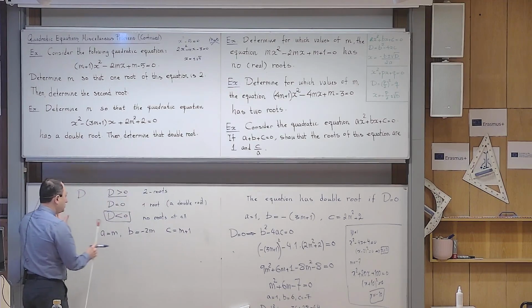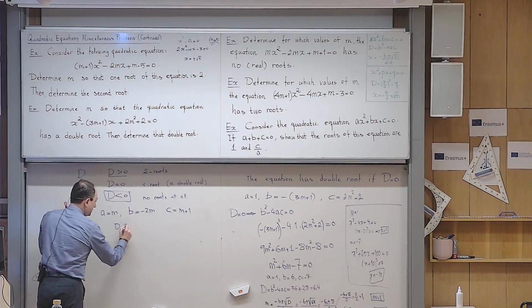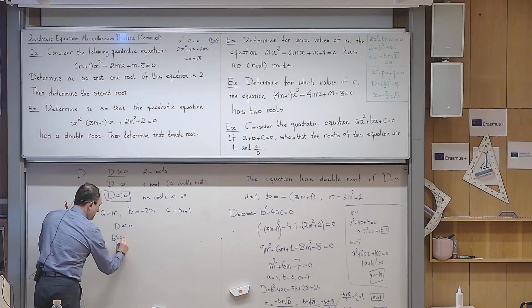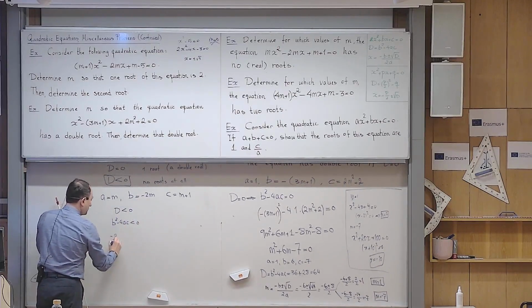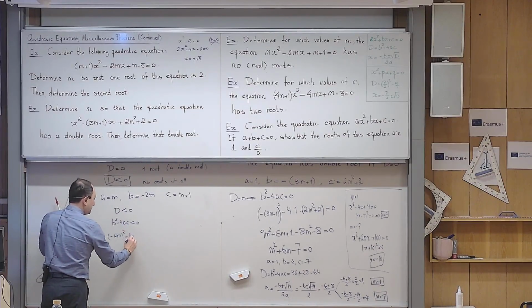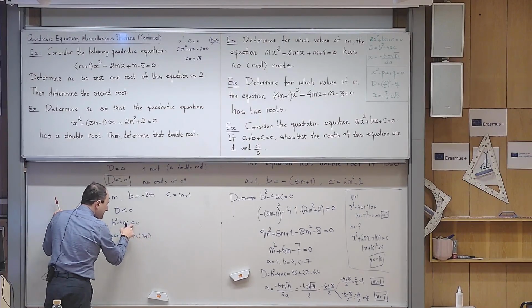Okay, now you start writing this. If you want to write it correctly, you say that D is less than 0. Instead of D, you write the formula, less than 0. And now instead of b, I put minus 2m to power 2, minus 4 times a times c, but less than 0.